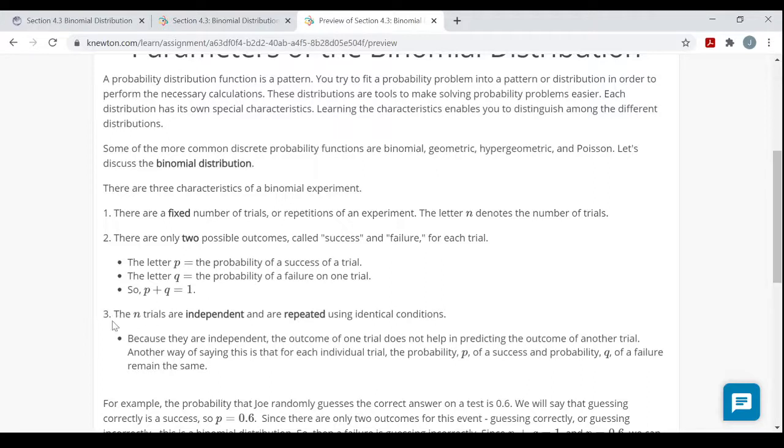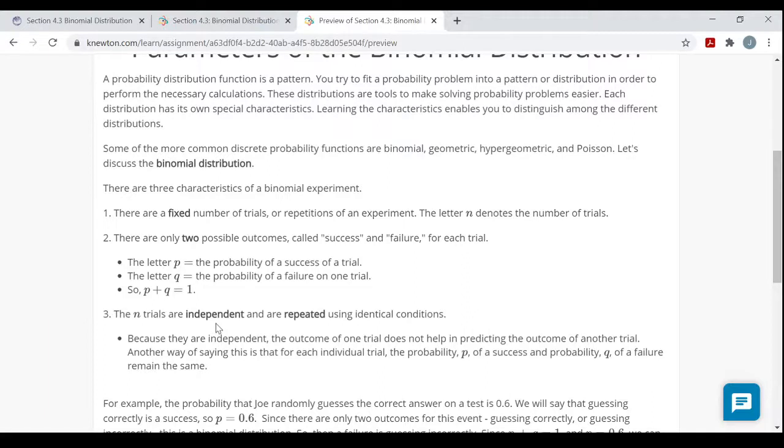And then the third condition, in order for you to be looking at a binomial distribution of a discrete random variable: these n trials, the repetitions of the experiment, must be independent.